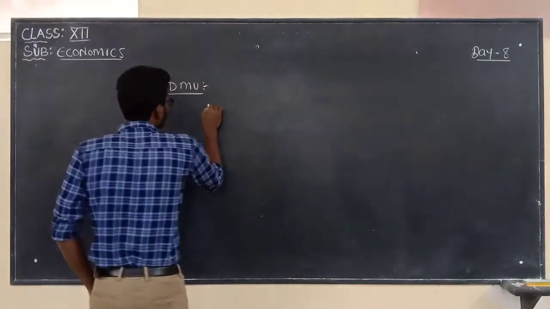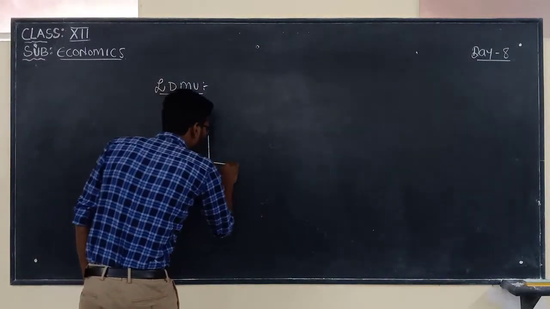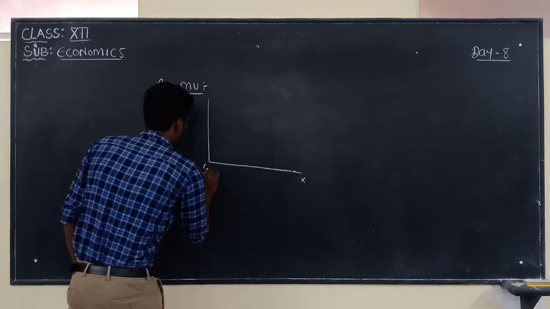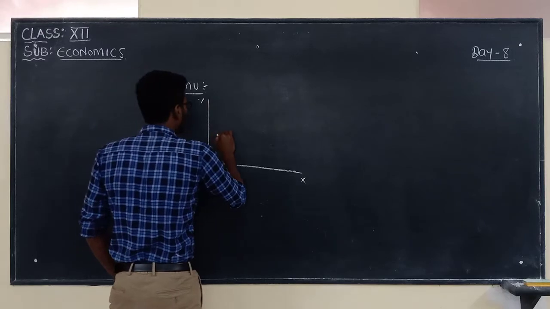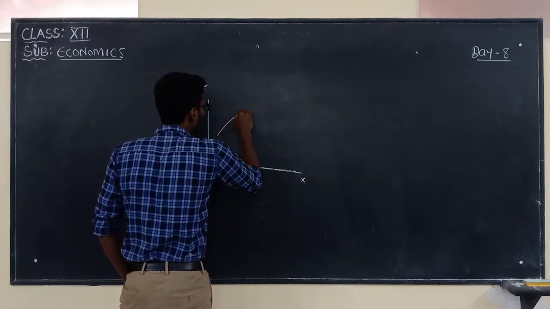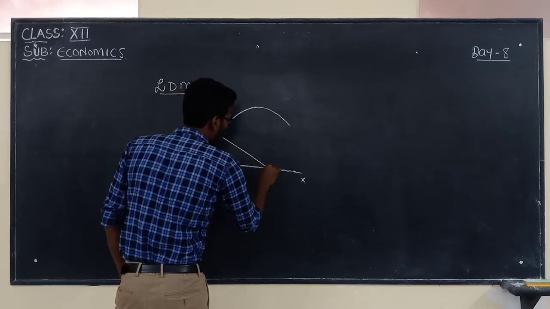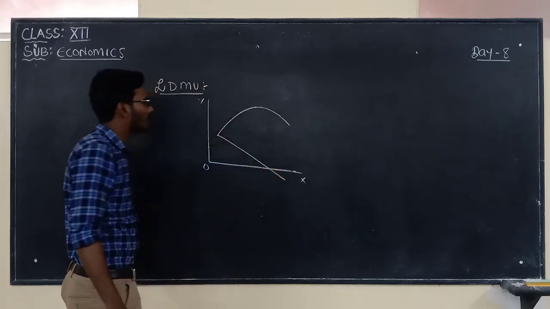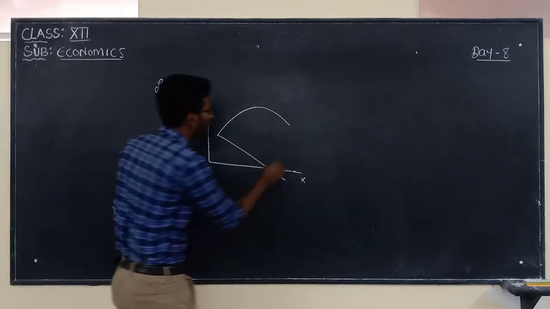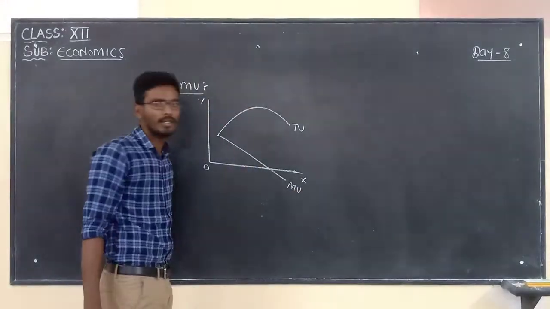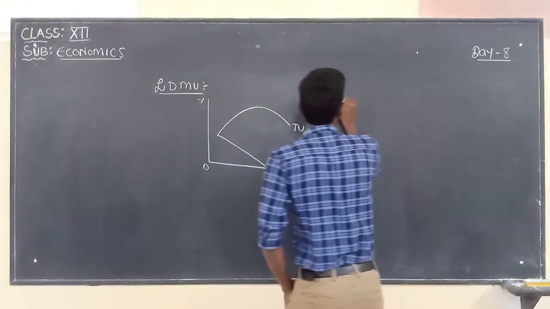Here is a diagram representing the total utility curve as well as the marginal utility curve. This is total utility, this one is marginal utility. What is the first one here?